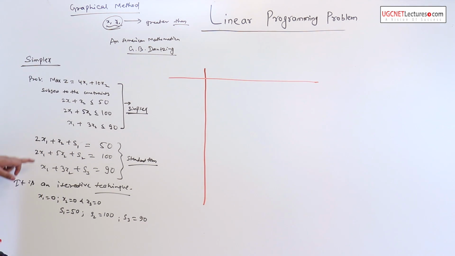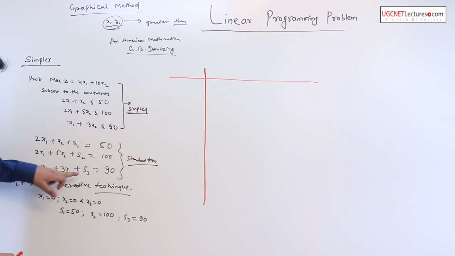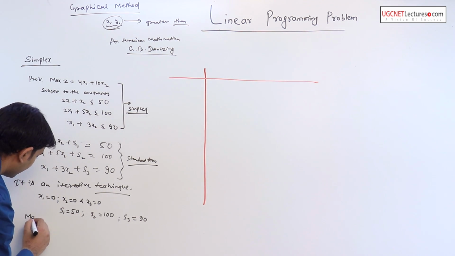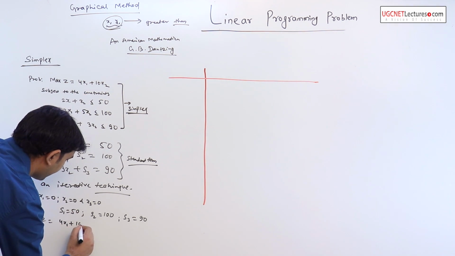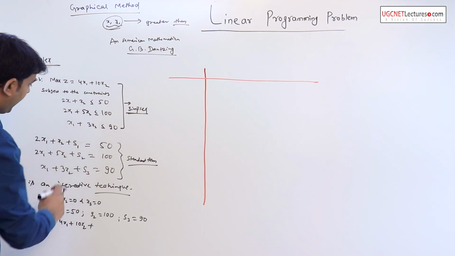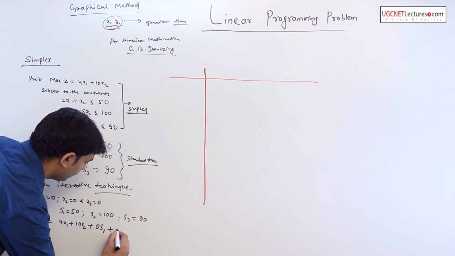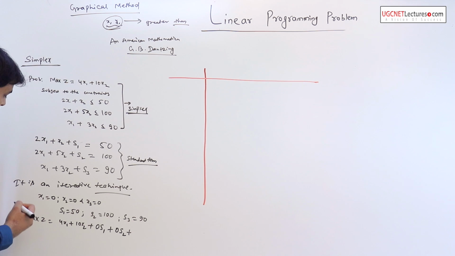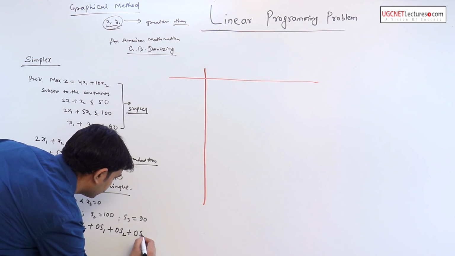Obviously, if you put 0, 0, that means s1 equal to 50, s2 equal to 100, s3 equal to 90. And in the problem, maximization of z is 4x1 plus 10x2. We add some slack variables, therefore the coefficients of the slack variables in the objective function we have to write as 0, 0 and 0.